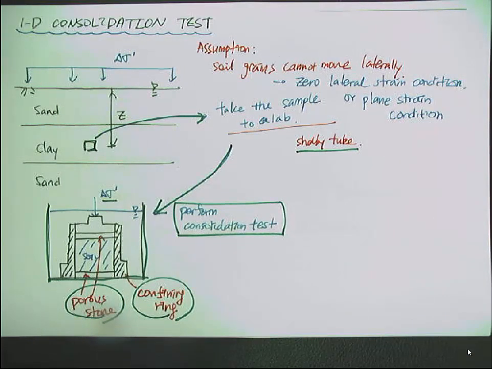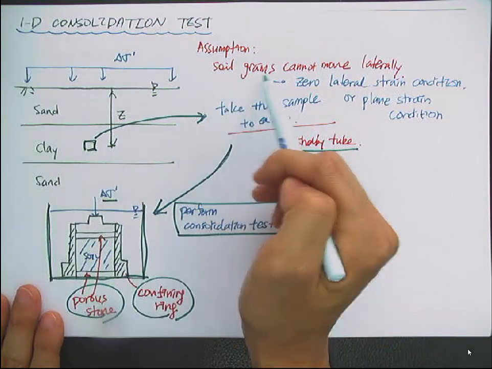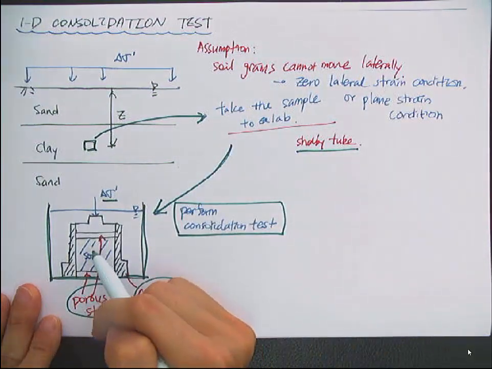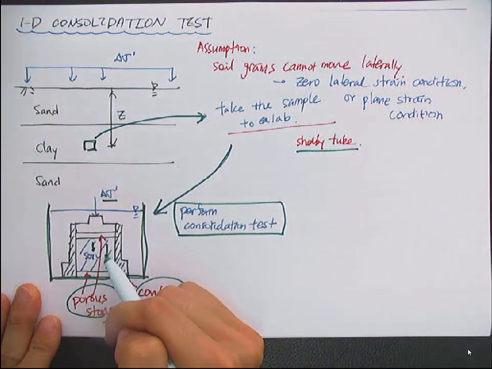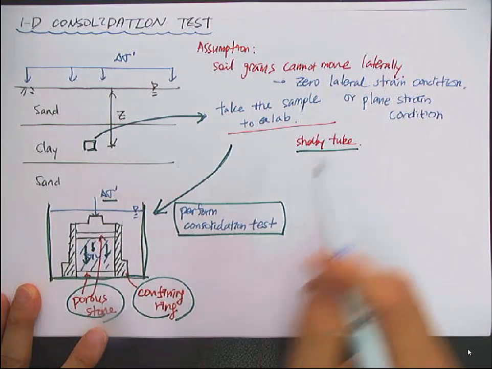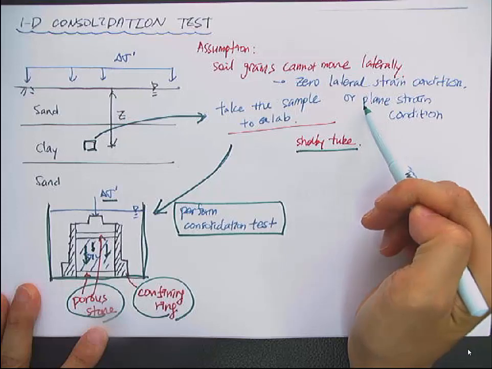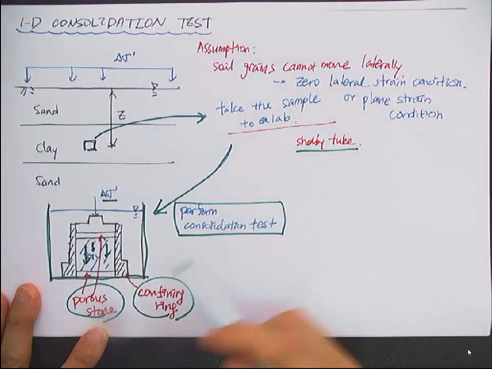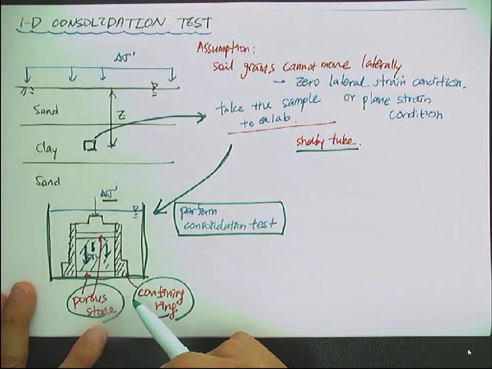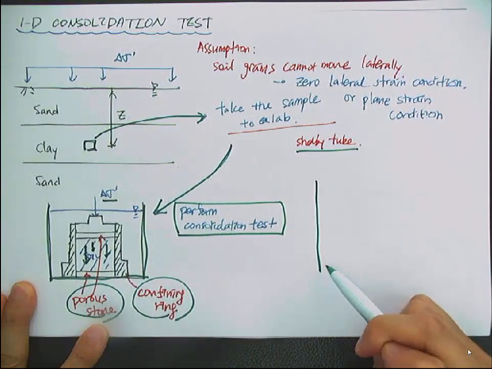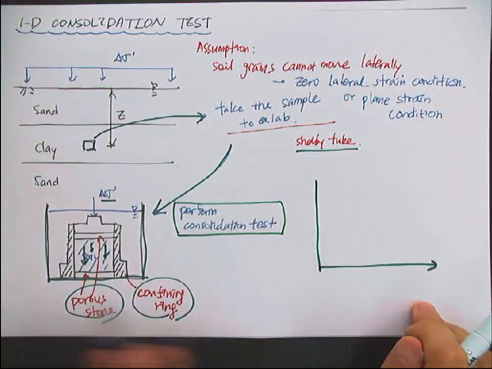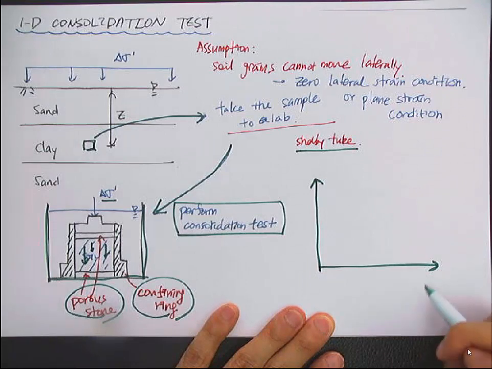In this one-dimensional consolidation test, the assumption is the soil grains cannot move laterally, so the soil will compress vertically only. This is the zero lateral strain condition. From this consolidation test, you obtain this kind of curve.